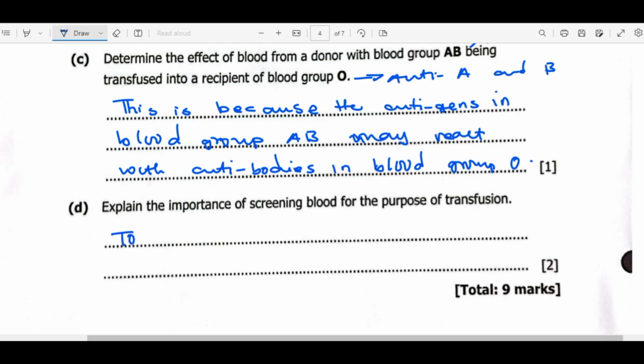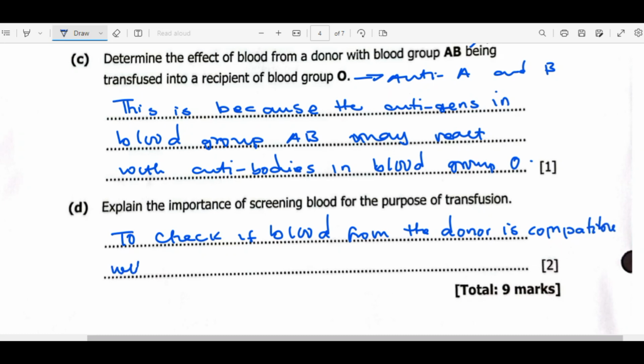So to check if blood from the donor is compatible with the recipient, to check for diseases.